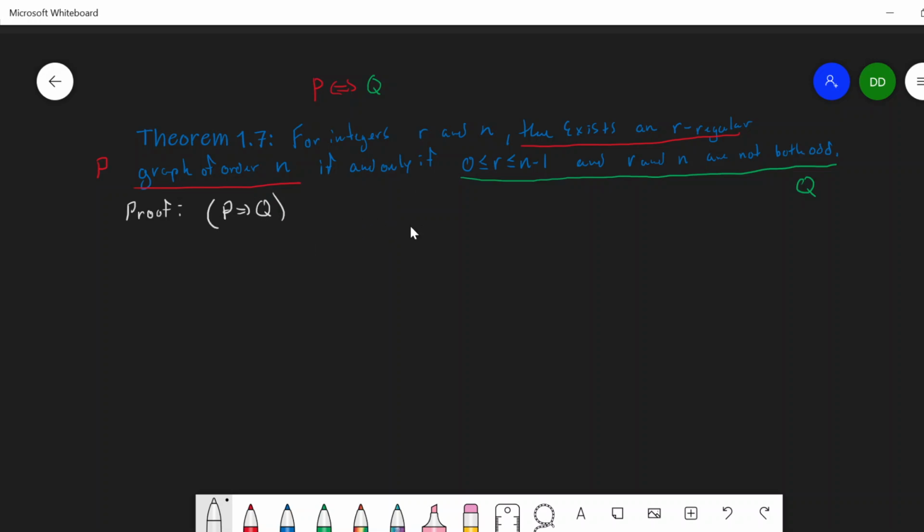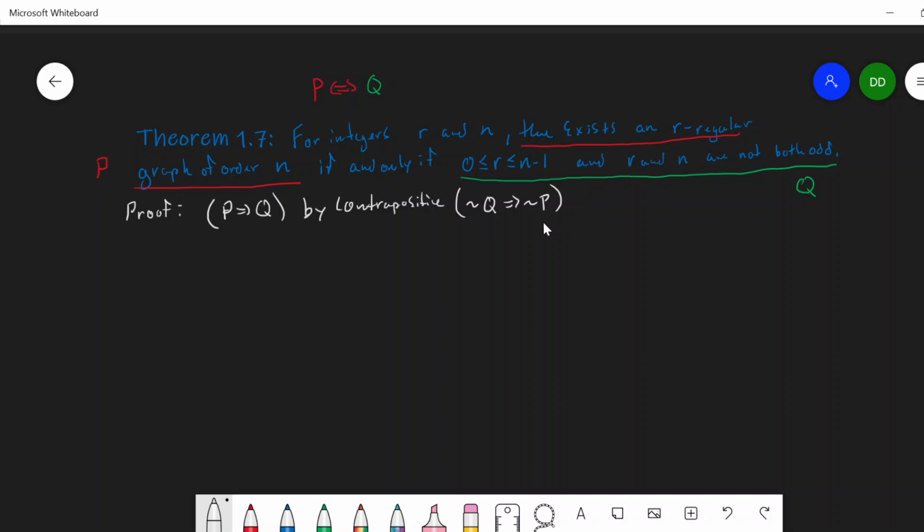And maybe I'll do it in a little bit more detail: I'm going to prove this by contrapositive. Namely, I'm going to show not Q implies not P. That is, I'm going to assume that this condition Q is not true.